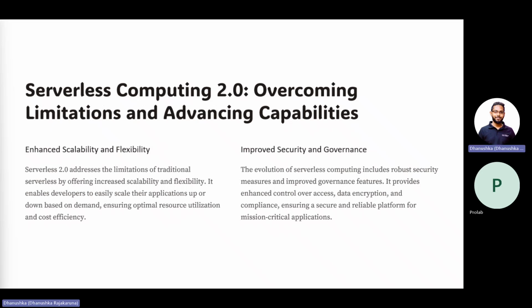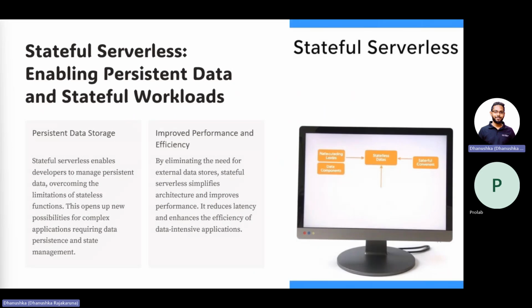So the next one will be stateful serverless, enabling persistent data and stateful workloads. Stateful serverless is an advancement in serverless computing that allows developers to manage stateful workloads, tasks requiring memory of prior operations, while maintaining the scalability and simplicity of serverless architectures.